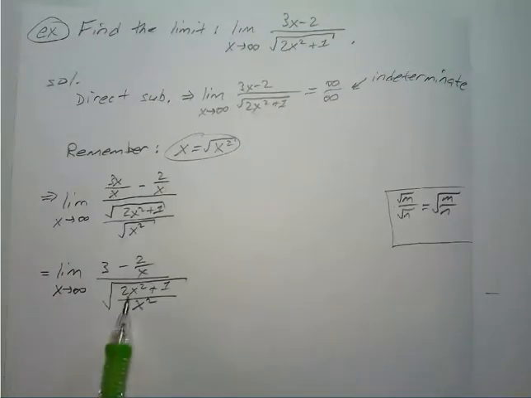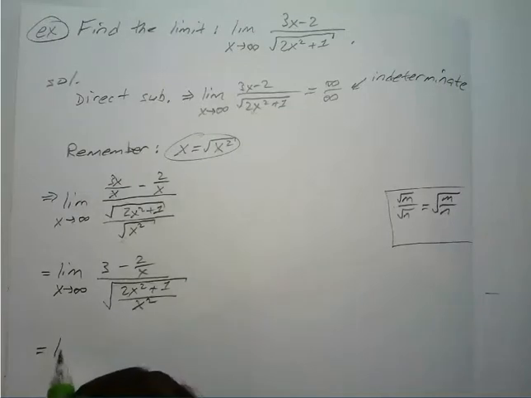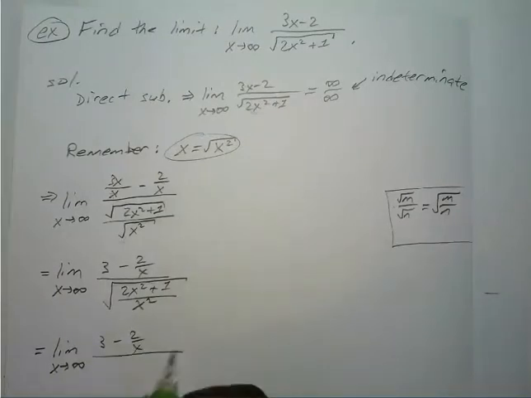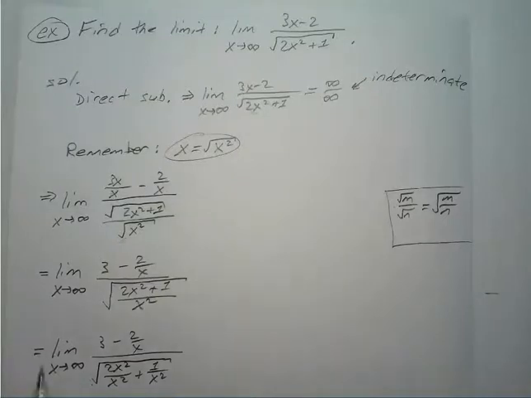Okay, so now we're going to go ahead and just separate those two. So you have the limit as x approaches infinity of 3 minus 2 over x over the square root of 2x squared over x squared plus 1 over x squared. We distribute that limit using our limit properties to both the numerator and denominator.